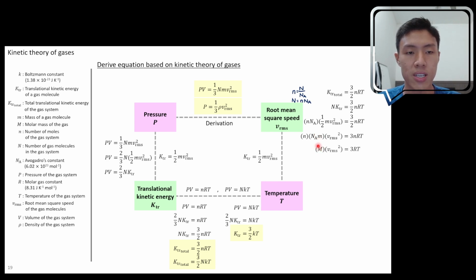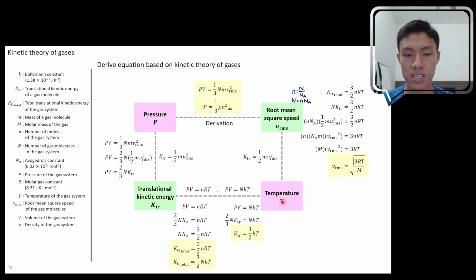So now you replace it with molar mass, and you can simplify it by cutting out the number of moles over here. Then your equation evolves to this state. Now you just bring the molar mass to the other side, you get 3RT divided by the molar mass, and you square root it, then you get your equation that relates the root mean square speed and the temperature.